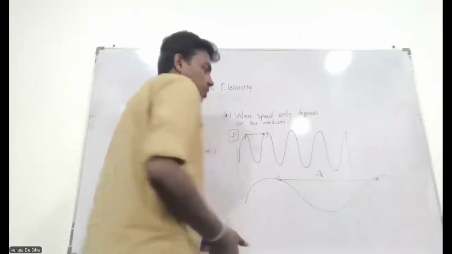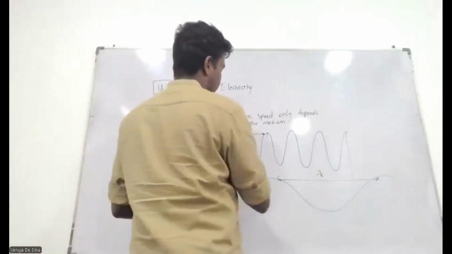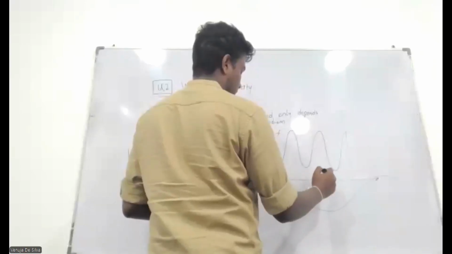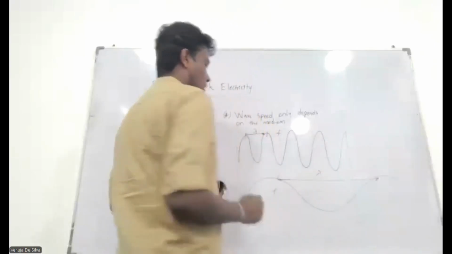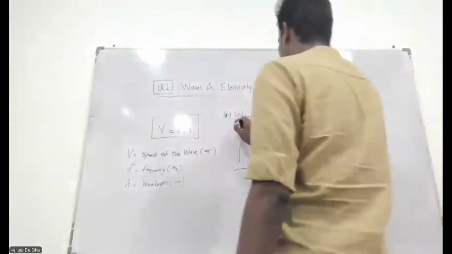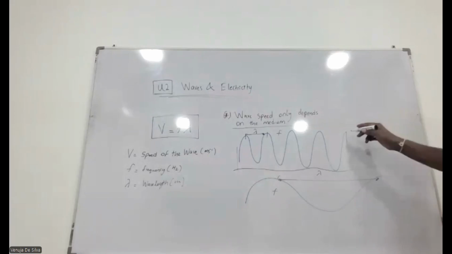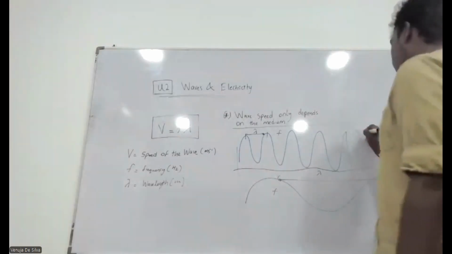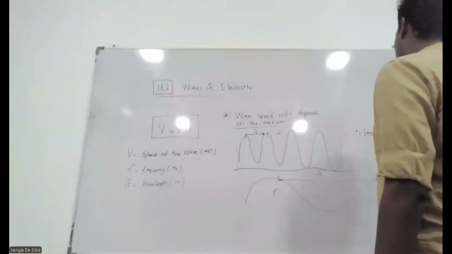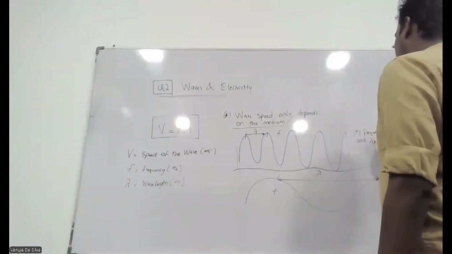You write it down like that, and then for this one, you write down frequency is higher and lambda lower.